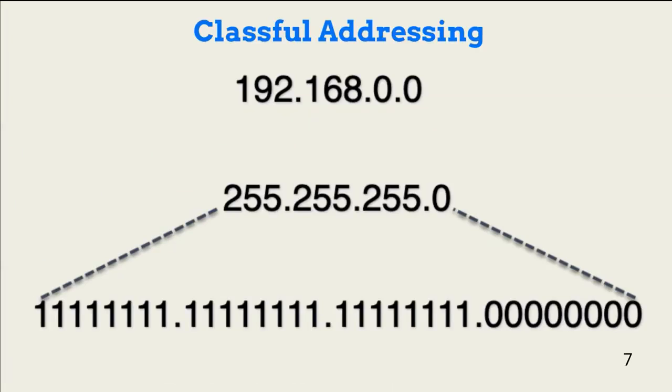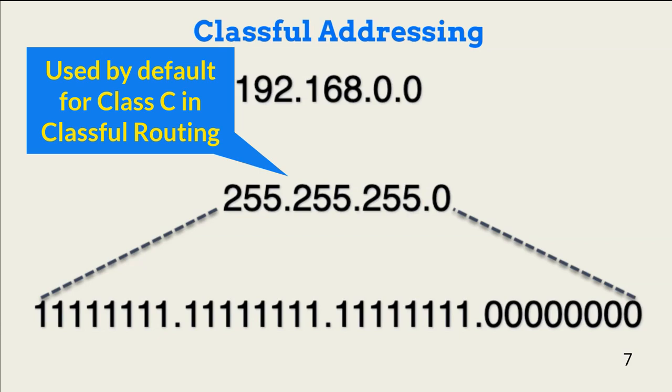Before looking at how the now commonly used classless routing works, we need to further explore a breakdown of an IPv4 address. In this example, I used a private Class C address space. Remember that in classful routing, the subnet mask shown is used by default for Class C addresses.